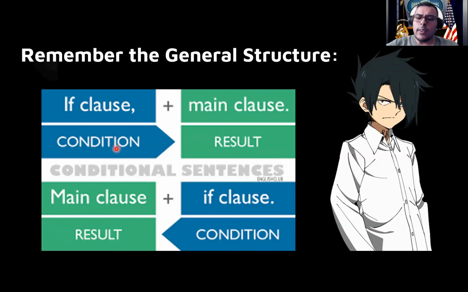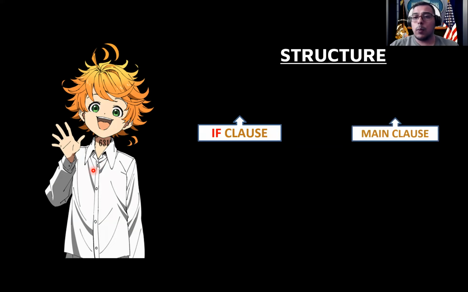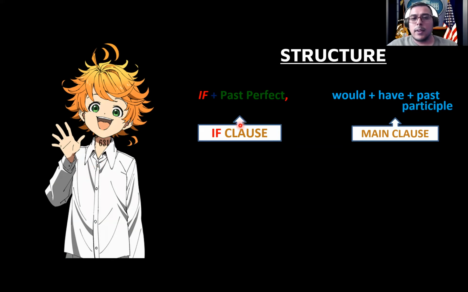Okay? Now, let's focus more on the specific structure for third conditional. So, we have the if clause or the condition, and we have the main clause or the result. Very important that you pay full attention right now. We're going to be using a little bit of harder structures, and we're talking about past perfect and would have and past participle.